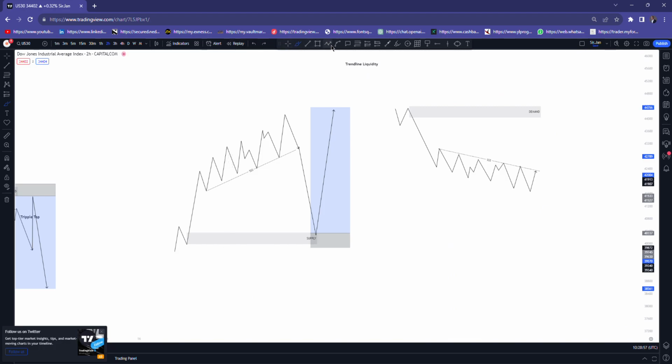So in such a case as well, this is what we do. Patience, that's all. Patience is key in this area.